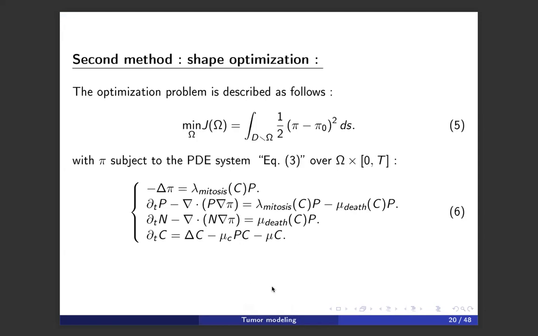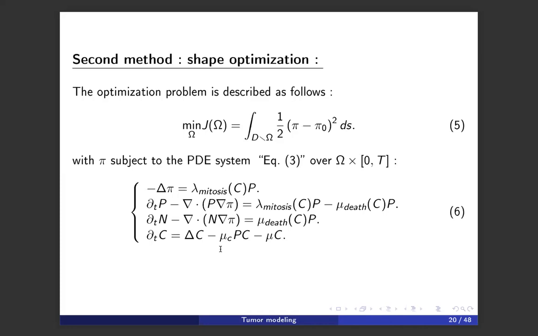and we can compute V by a Lagrangian method, and we can minimize G over omega, as defined by P, but P is subject to the PDE system, of course, with a boundary condition.